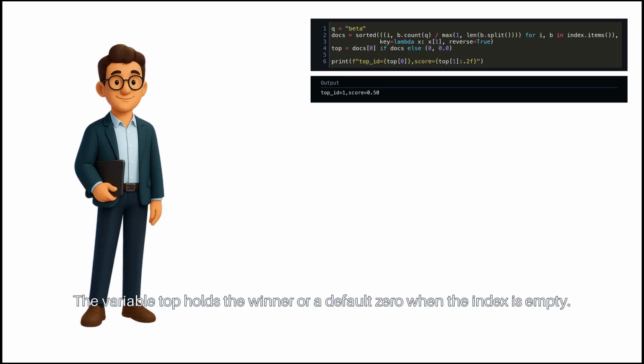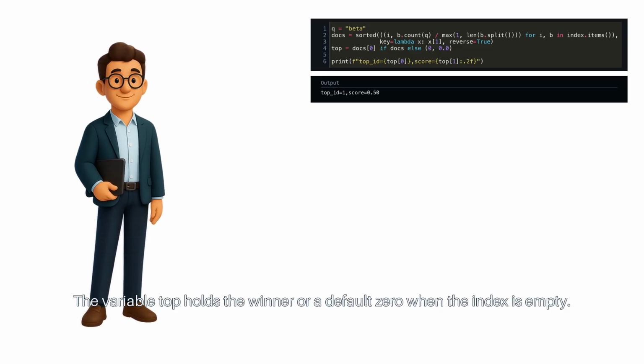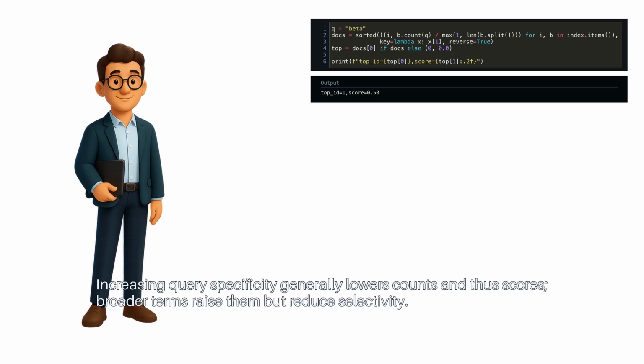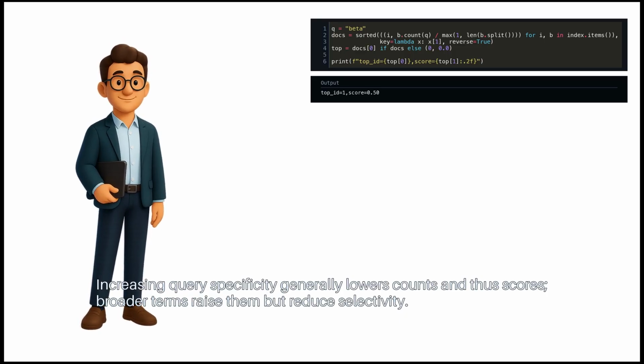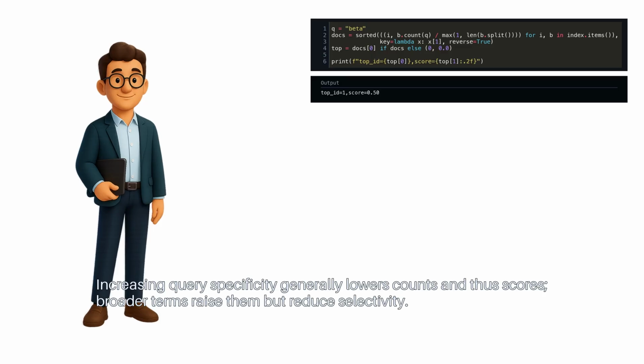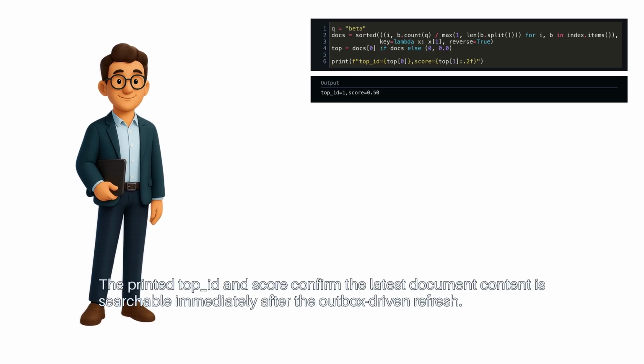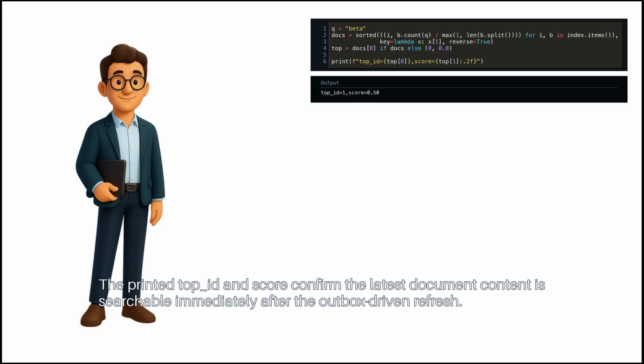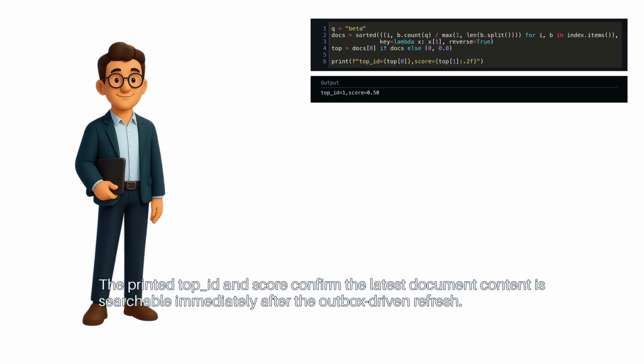The variable top holds the winner or a default 0 when the index is empty. Increasing query specificity generally lowers counts and thus scores. Broader terms raise them but reduce selectivity. The printed top id and score confirm the latest document content is searchable immediately after the Outbox-driven refresh.